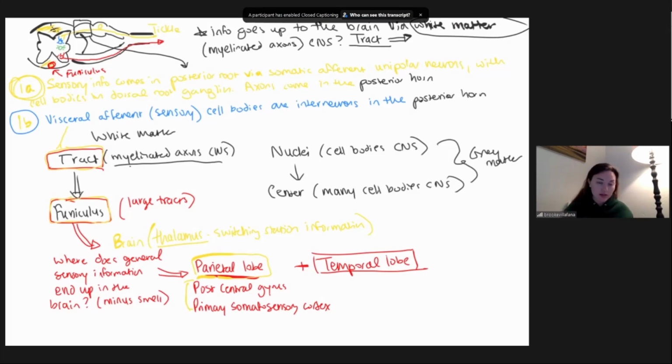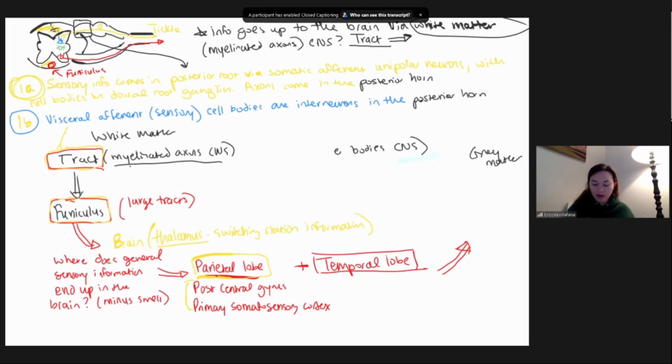But we know that's not all that we do. We have to have motor, right? So that's not the whole story. So how do we get motor information to come down? Motor is a little bit more complicated, but not really, in a sense. It's just the same thing, but backwards.